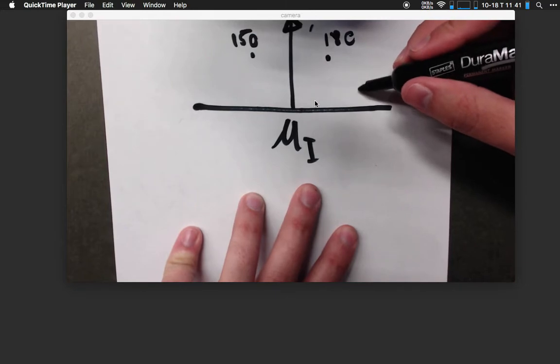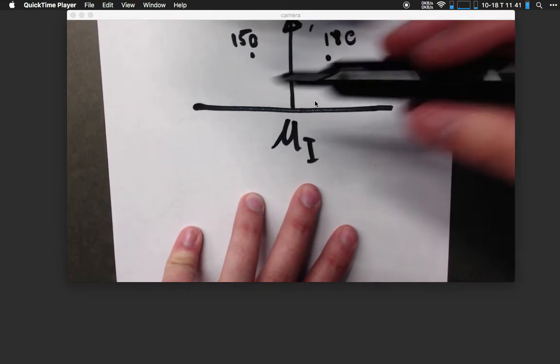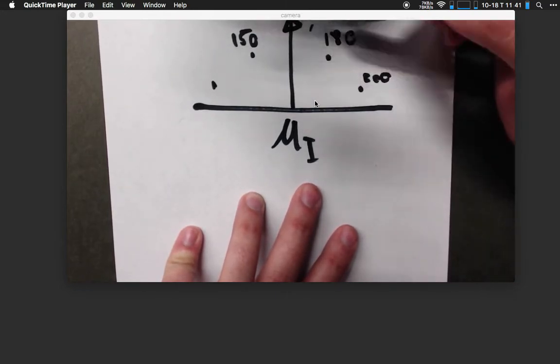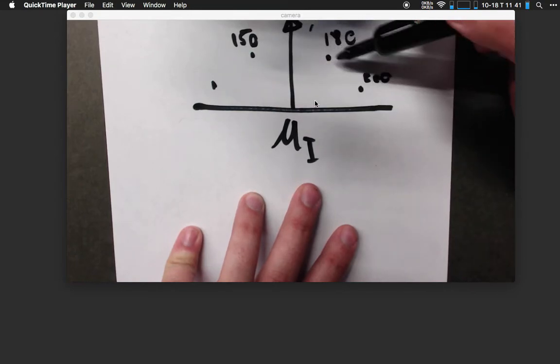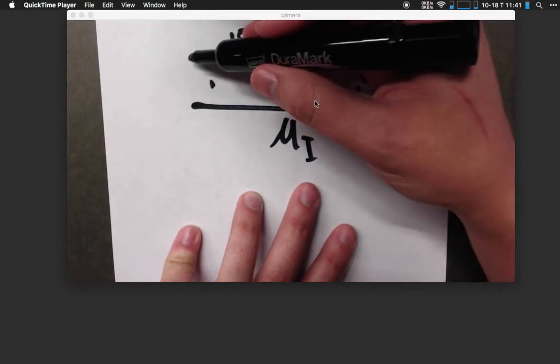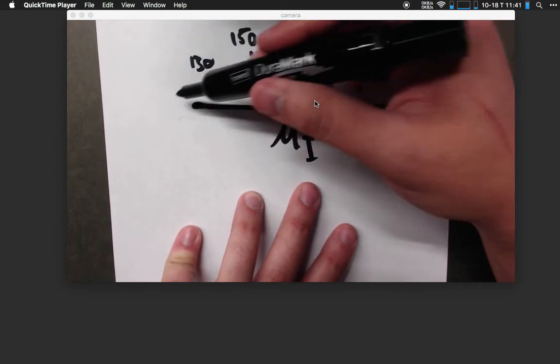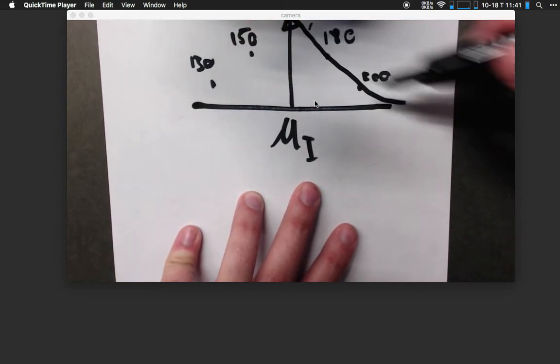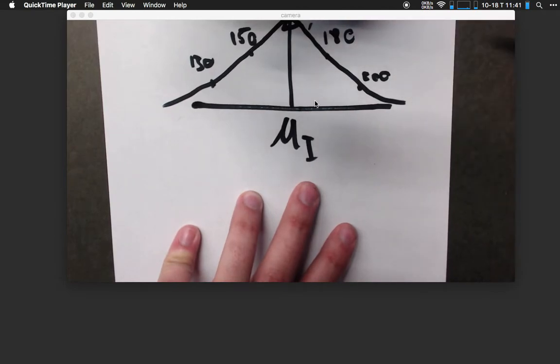Probably wouldn't believe a mean of 200 or a mean of, what's the analogous, 130. So I formed a distribution that sort of generally looks like this.